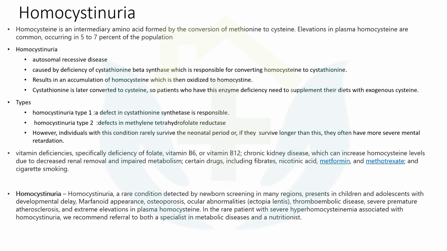There are some drugs also which cause hyperhomocysteinemia, like metformin, methotrexate, nicotinic acid, and fibrates. So you need to know the other causes of increased homocysteine, like deficiency of folate, vitamin B6 and B12, CKD, and some of these drugs.